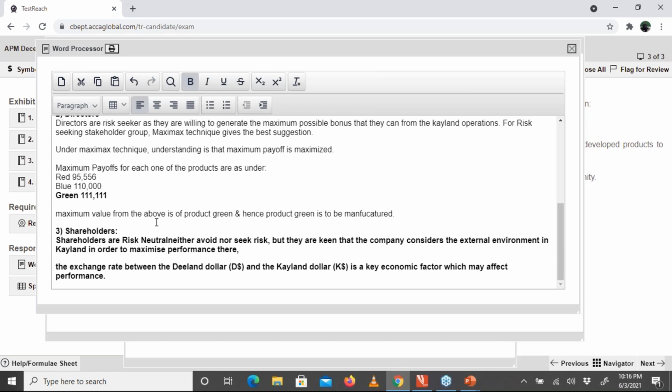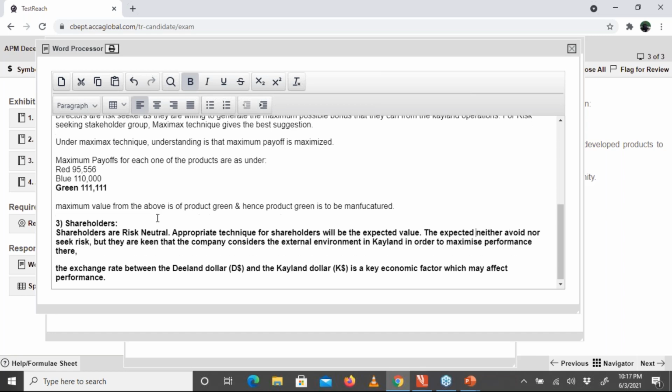So the appropriate technique for shareholders will be the expected value.